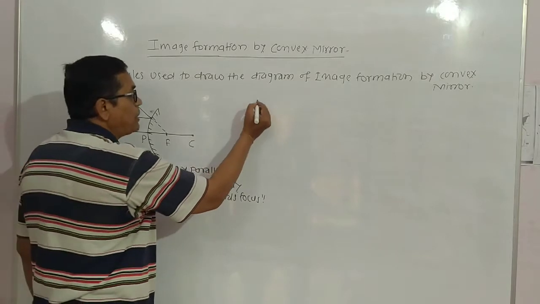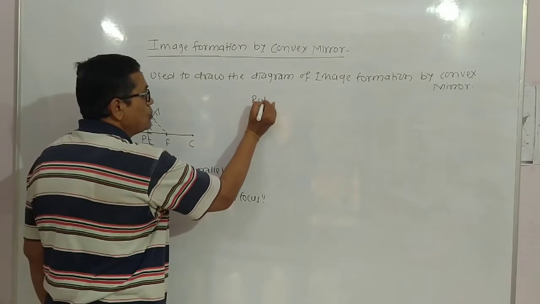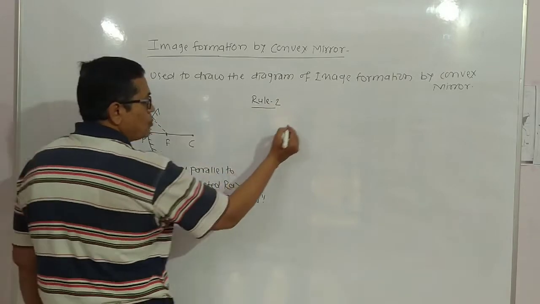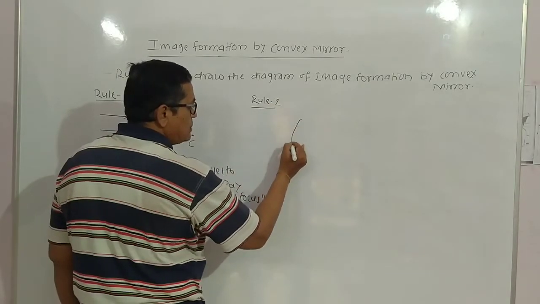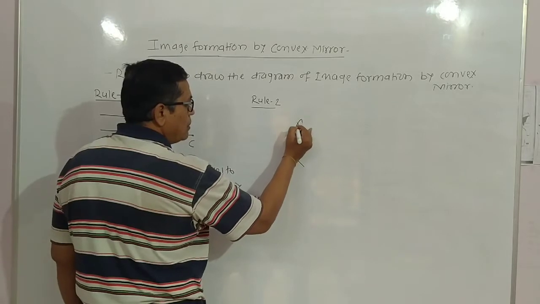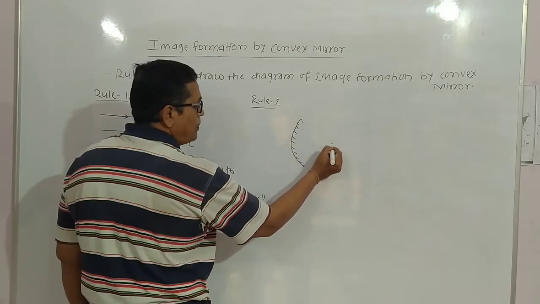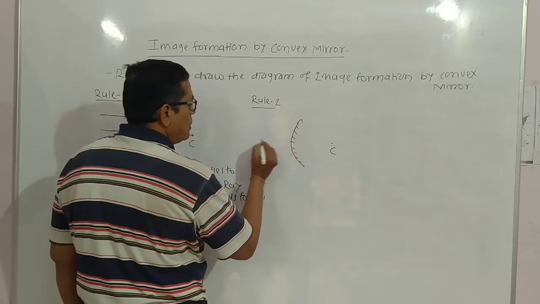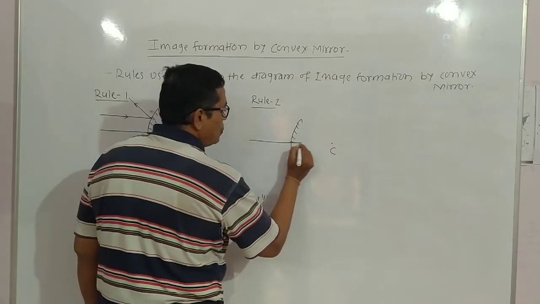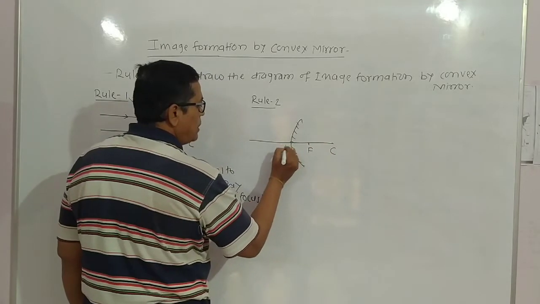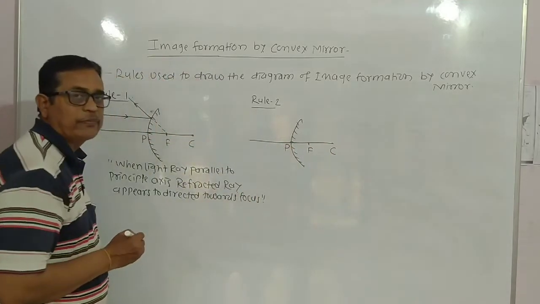Then what is rule number two? Here is the convex mirror, the center of curvature, the focus, and the pole of the mirror.